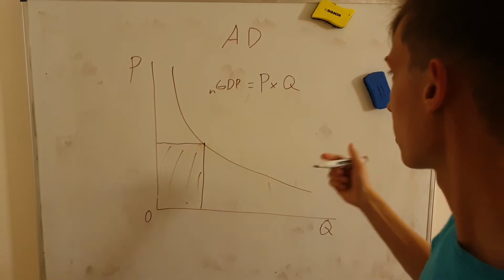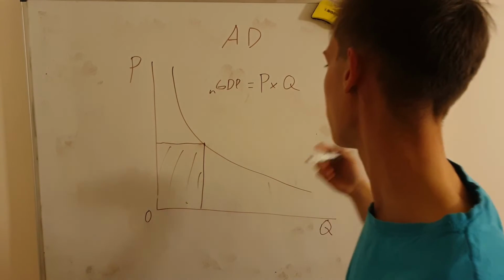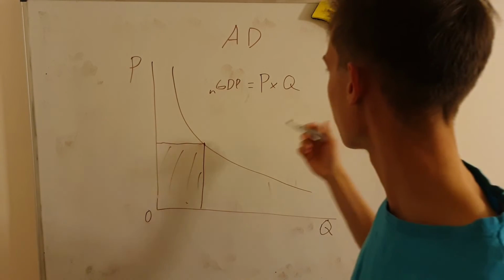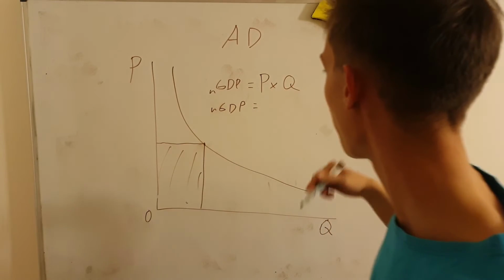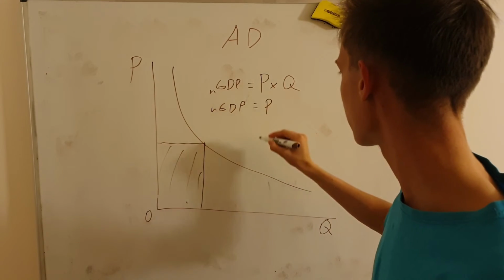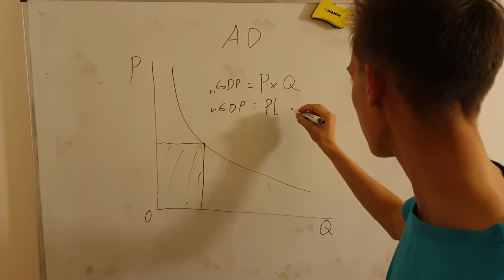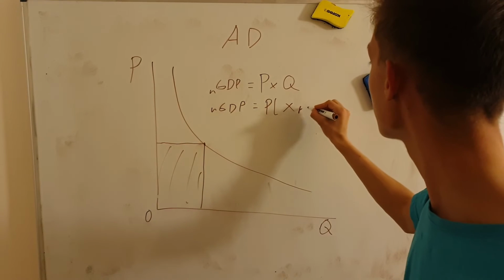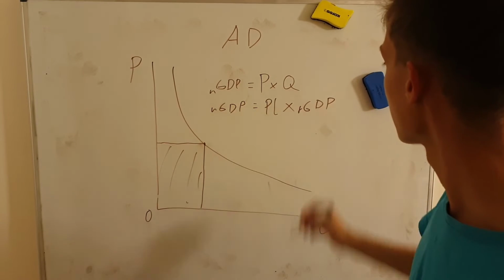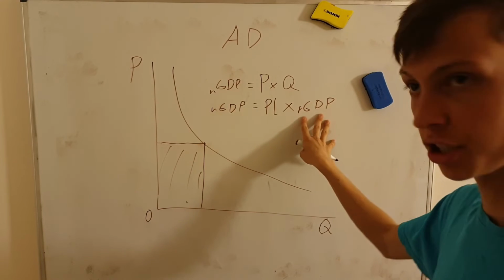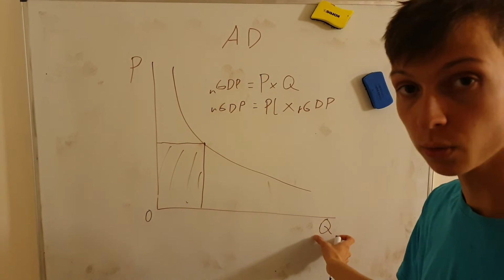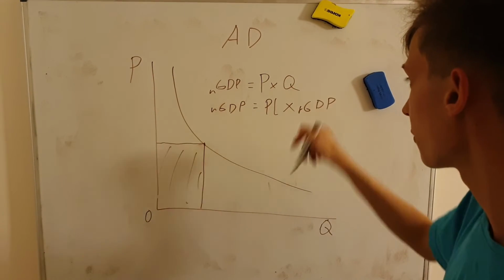And that also shows us the fact that if we write this in a more comparative manner, price level as PL, and Q as real GDP, we see the relationship here. Now we can divide both sides by the real GDP, by the Q. I just wrote Q in a different way.